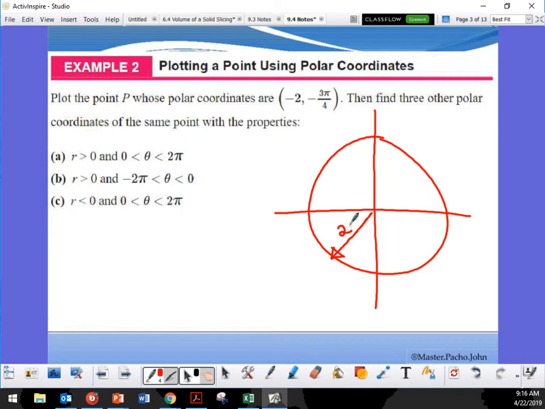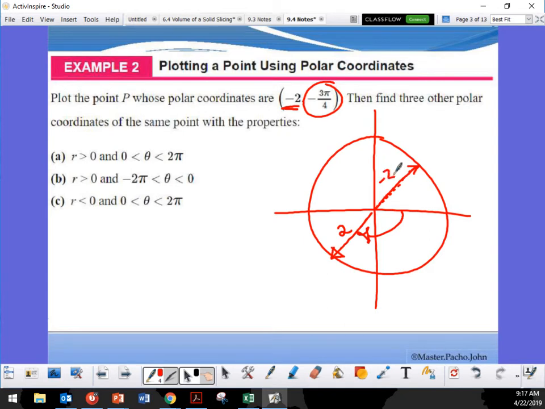Because it's going 2 this way, right? So I did this piece going this way first, but I went 2 this way. But if I want negative 2 now, it needs to go back this way. There we go, right there. So it goes there. That's going to be my negative 2 over here, isn't it?